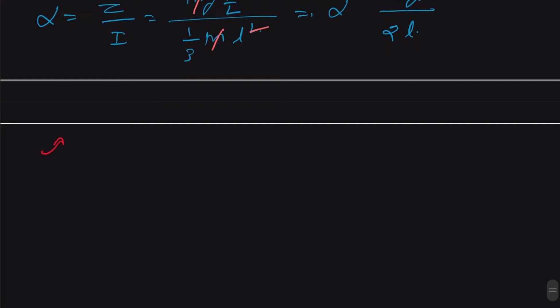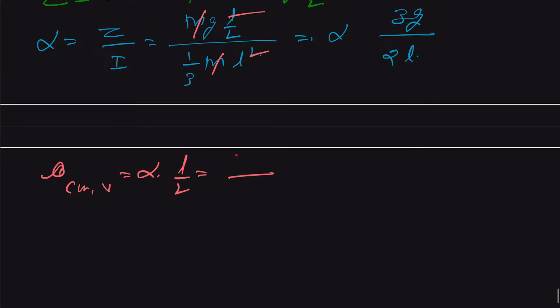So we get our a_CM vertical, which is alpha multiplied by L by 2. Alpha is 3g by 2L, times L by 2, and L cancels out. So this will be equal to 3g by 4.